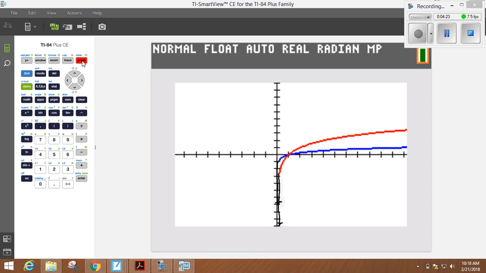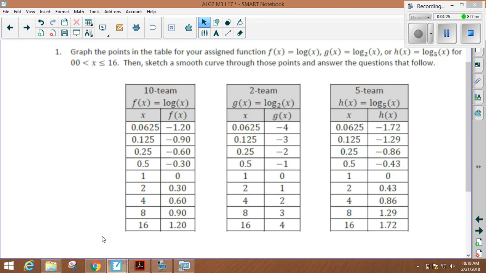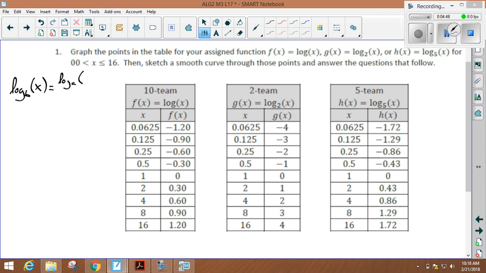If your calculator does not have that function, you can use the change of base formula to put that in there. It tells you that if I have a log base b of x and I need to write it as a different base, I can write that as log base a of x over log base a of b.